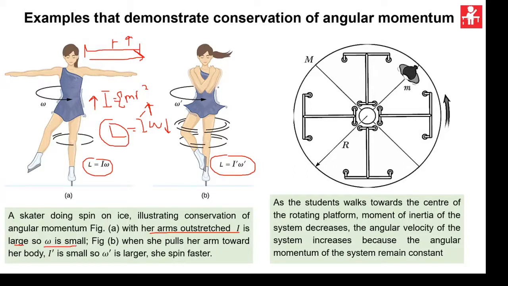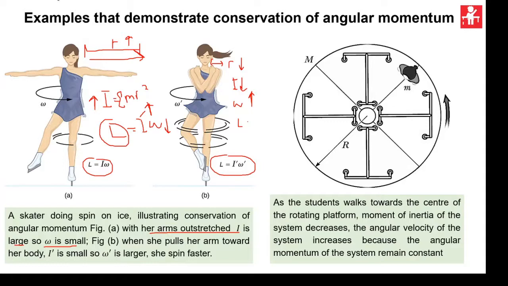Conversely, in this diagram her arms are moving inward, so the value of R is very small, meaning I is also very small. What does this mean for omega? If I is small, omega should increase so that L remains constant. When the moment of inertia is small, the object is easier to rotate, so she spins faster.